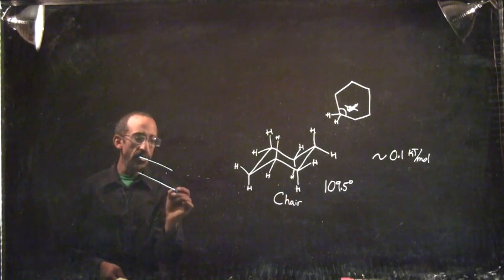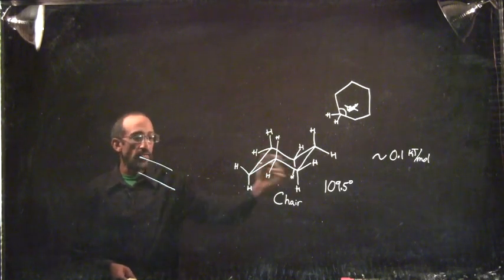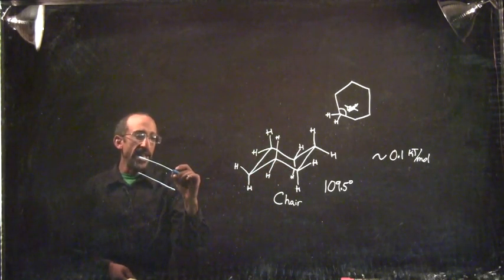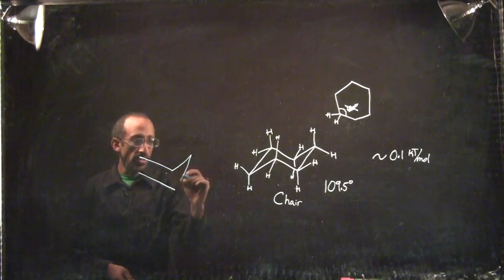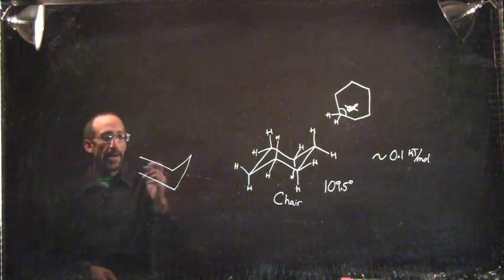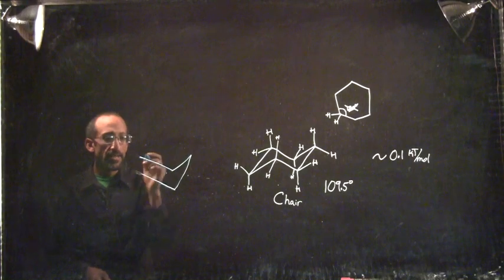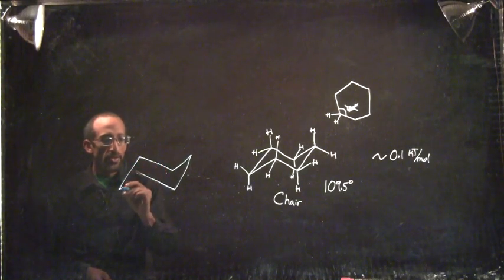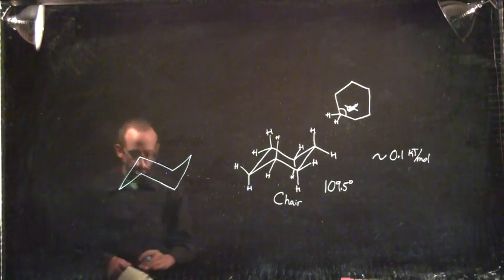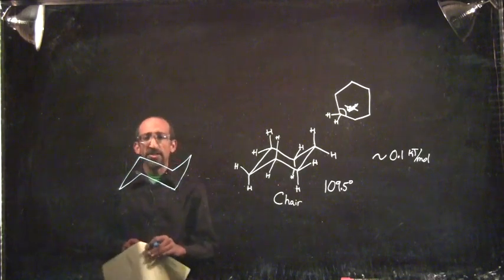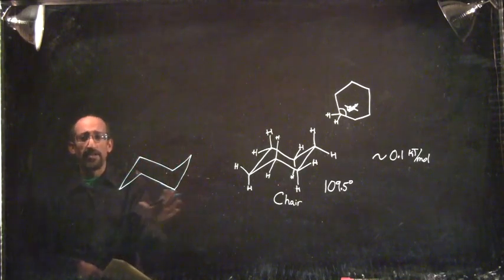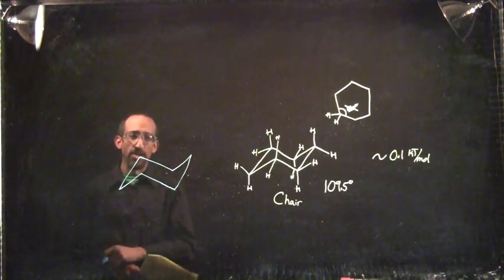So here I've drawn my two lines. That's for my center four carbons. And then now we draw two lines to give a carbon up and two lines to give a carbon down. So this is our basic carbon-carbon bond framework for a chair cyclohexane.